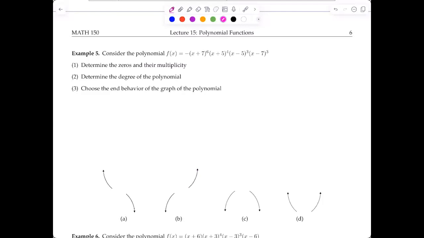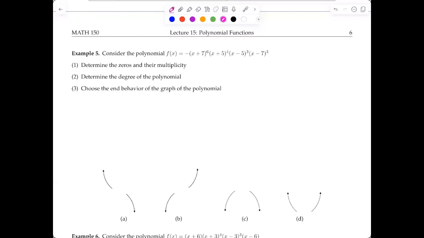So how many zeros do you see here? How many factors do you see? 4. You agree with me? So 4 factors mean there are 4 solutions, 4 zeros, 4 roots, 4 x-intercepts. Cool? All right.